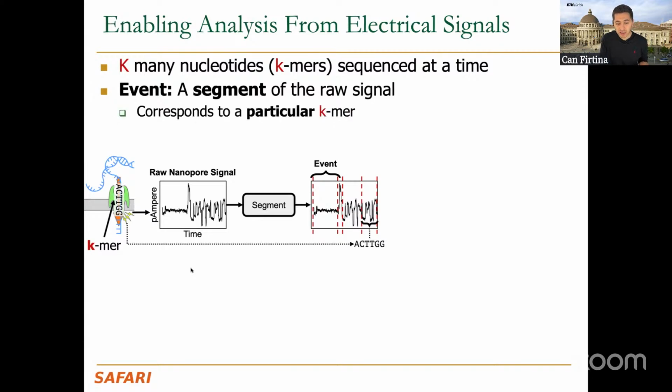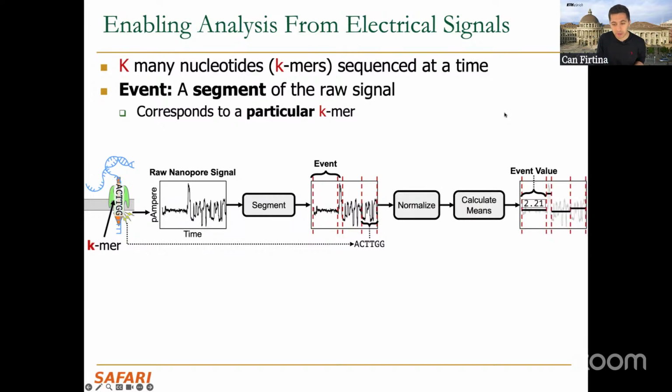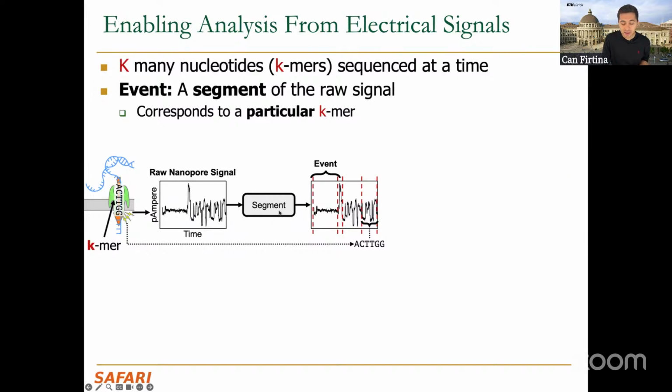Each event will correspond to a particular k-mer. Our goal is, as this DNA moves through this tiny pore, to measure the abrupt changes that are caused by the movement of the DNA. And these abrupt changes will hopefully correspond to sequencing of the next k-mer or of a different k-mer.